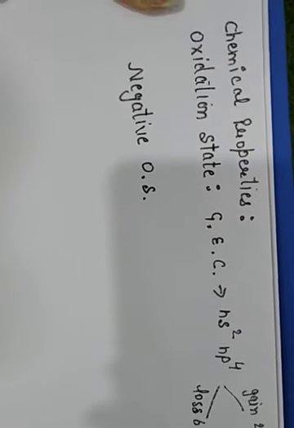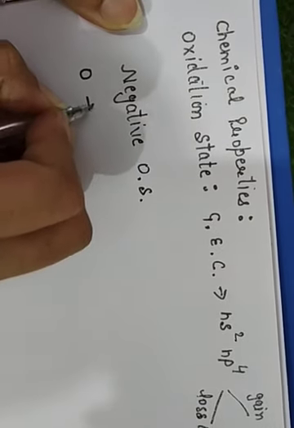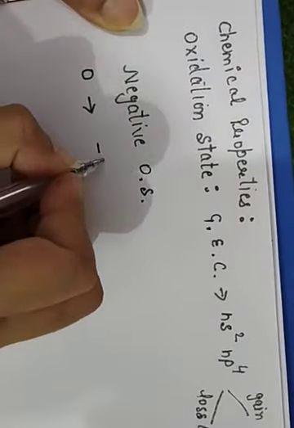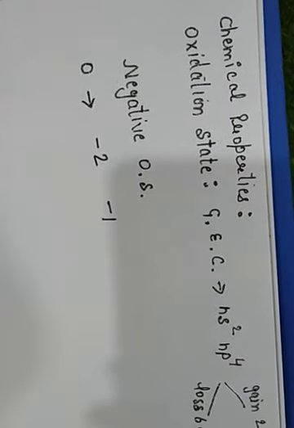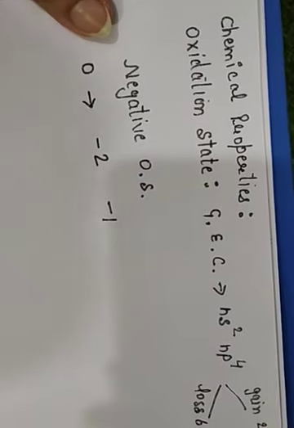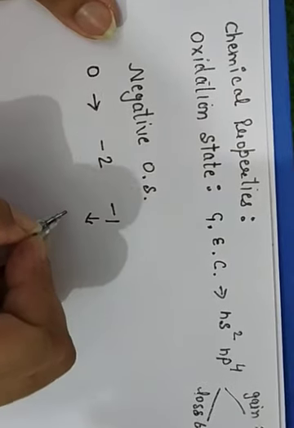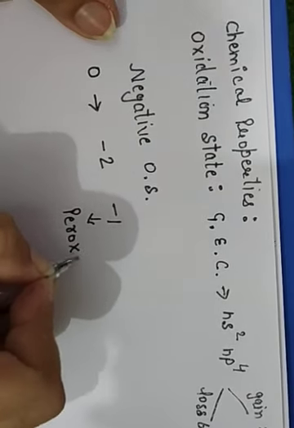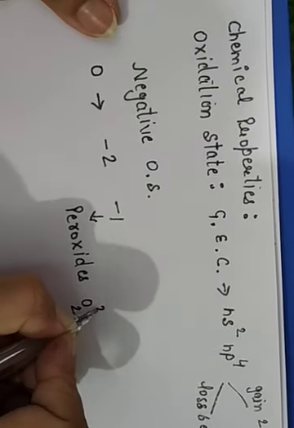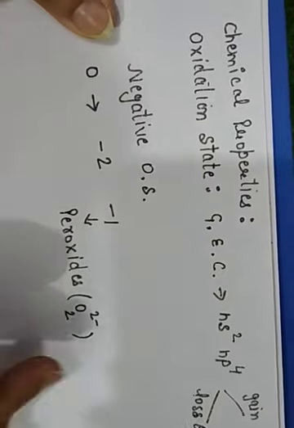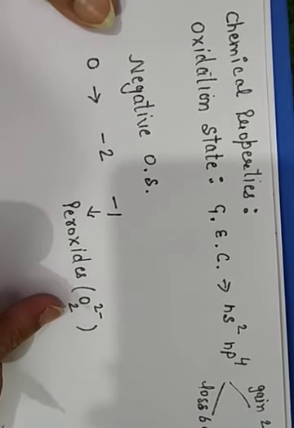So for negative oxidation state, oxygen shows two types of negative oxidation state, that is -2 and -1. If we discuss this -1, then it is in the peroxides, that is O2 2 negative. This -2 charge is on both the oxygen atoms.